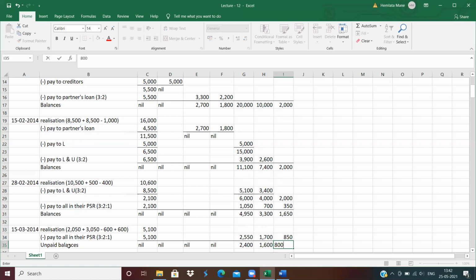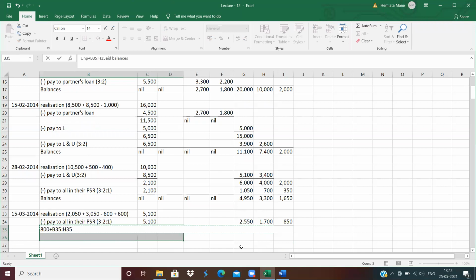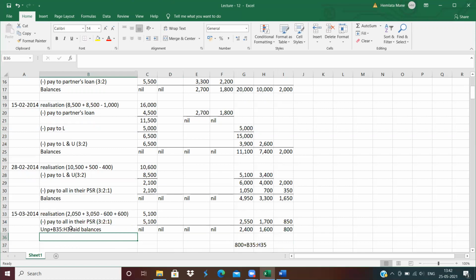This means after distributing all the cash, the partners' capital is not settled. So this is a loss on realization. Clear? How to solve the problem?